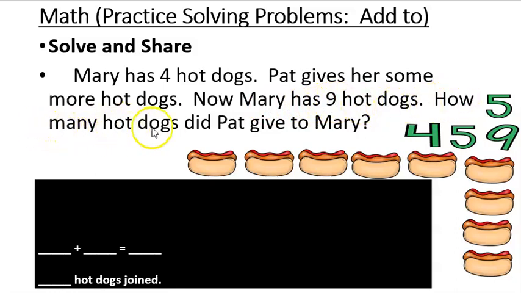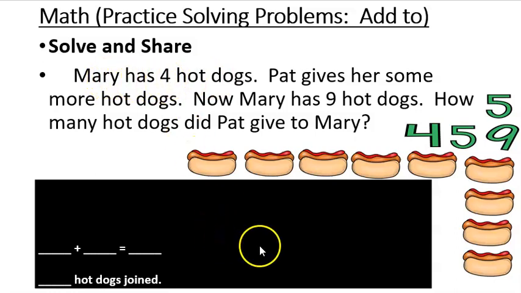How many hot dogs did Pat give to Mary? Okay, so now first graders, let's come back up here. We're going to break apart each sentence now, okay? Let's read up to here and figure out what we are working with. It says, Mary has 4 hot dogs. How many hot dogs does Mary have?